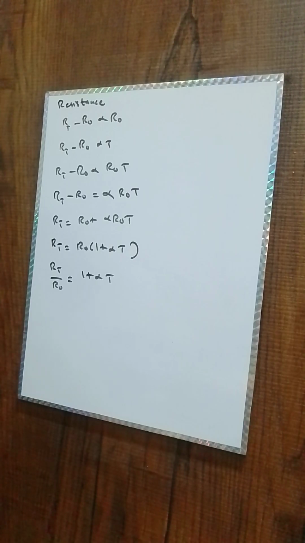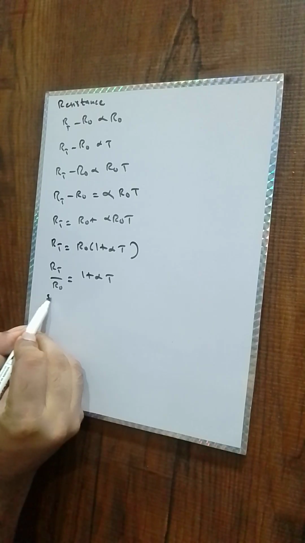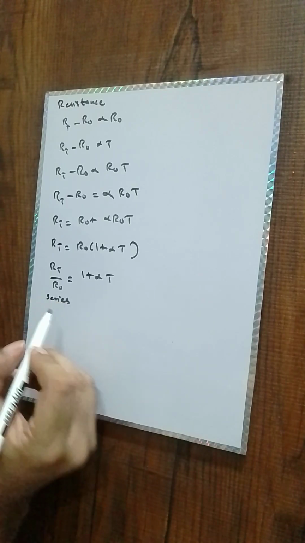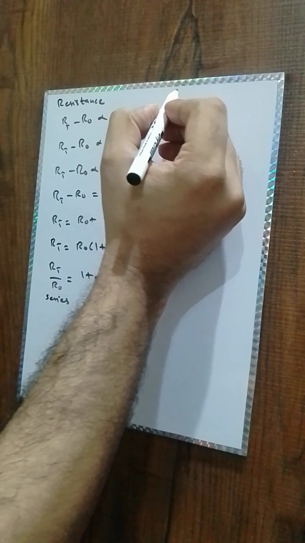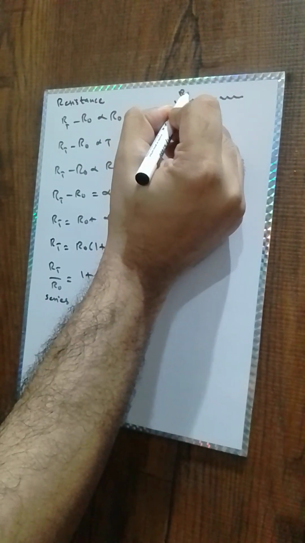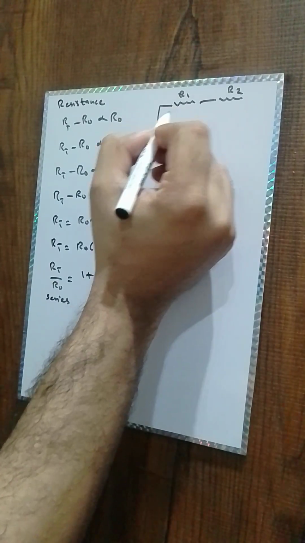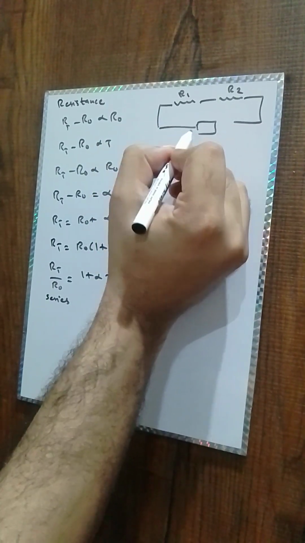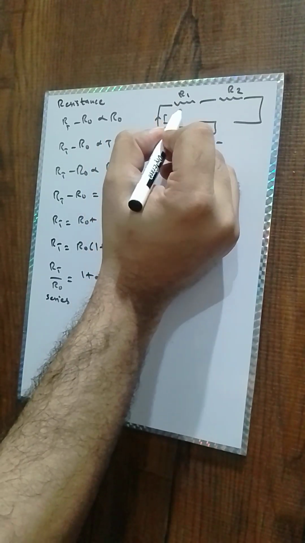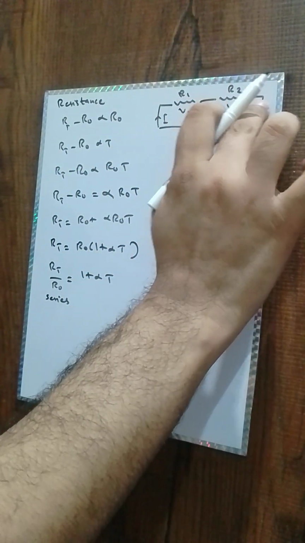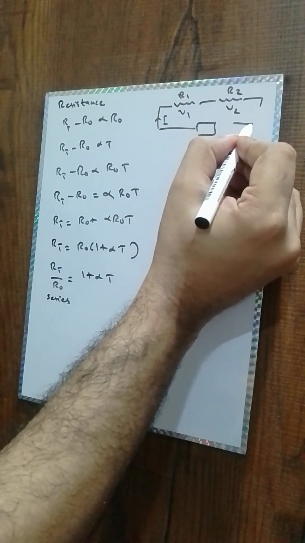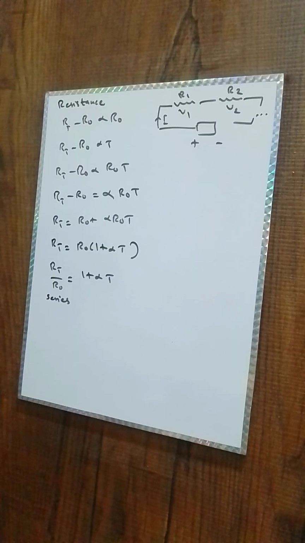So for series, we have a situation where, let's say, the resistances are put like this: R1, R2, and so on, plus, minus, and here goes the current, and here we have the voltages V1, V2, and if needed we can expand the circuit to the required number of resistances.